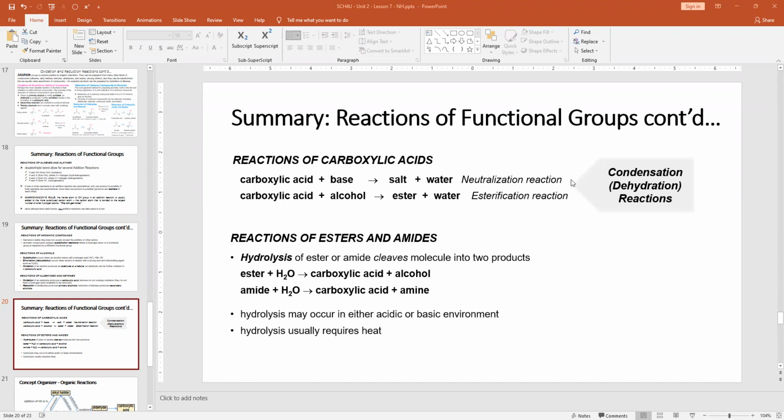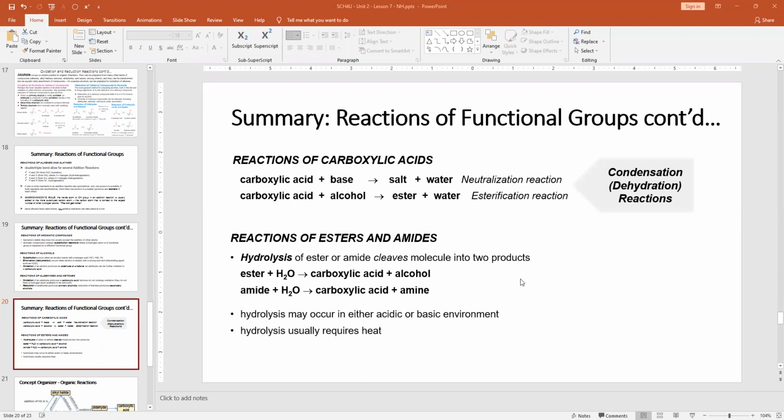This is a neutralization reaction. If you react a carboxylic acid with an alcohol, that gives rise to an ester and water. This is an esterification reaction.